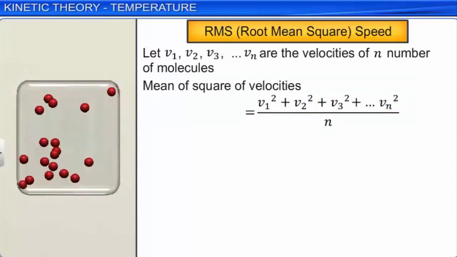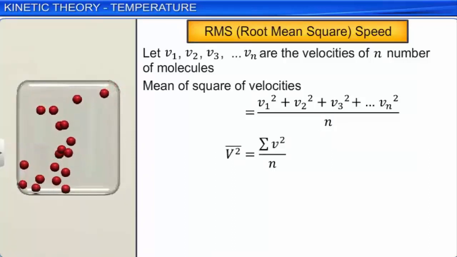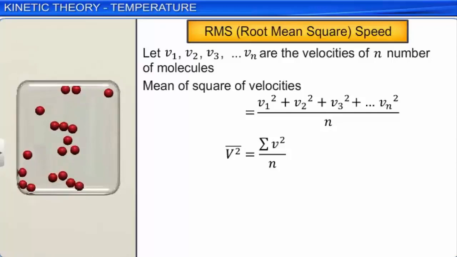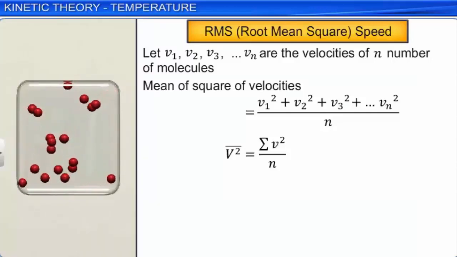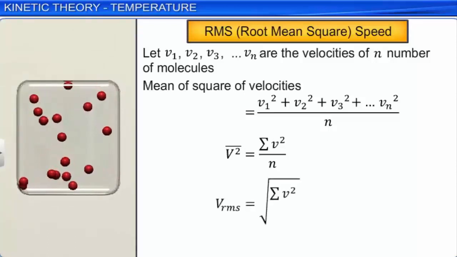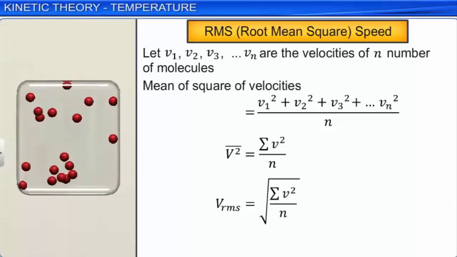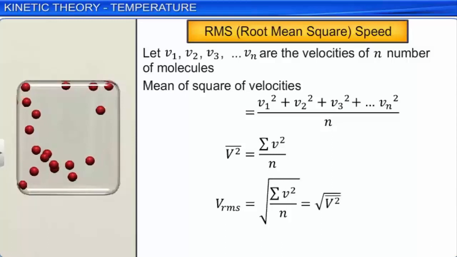That is, V square bar is equal to sigma V square divided by n. Then the RMS speed, denoted by VRMS, is equal to the square root of sigma V square divided by n, which is equal to the square root of V square bar. This can be rewritten as VRMS square is equal to V square bar. Let this be equation 1.